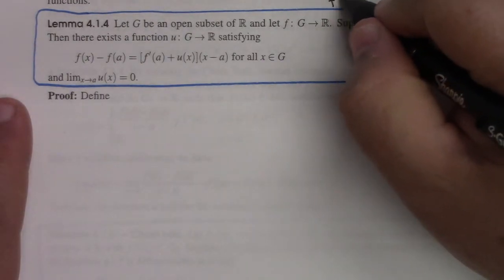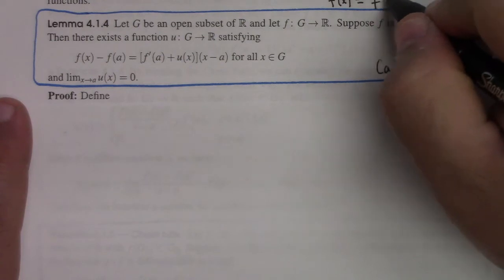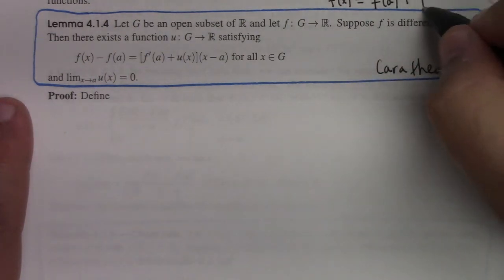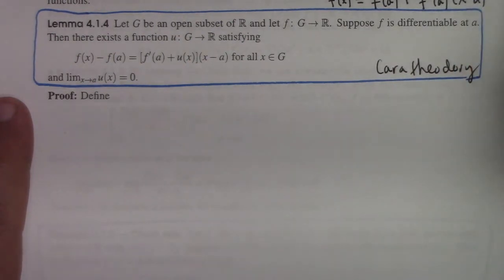Maybe it's kind of interesting. f of x equals f of a plus f prime of a times x minus a plus u of x times x minus a. Okay, fine.